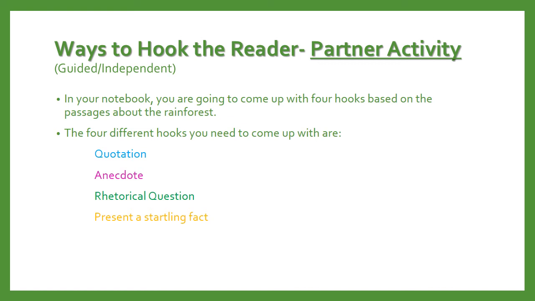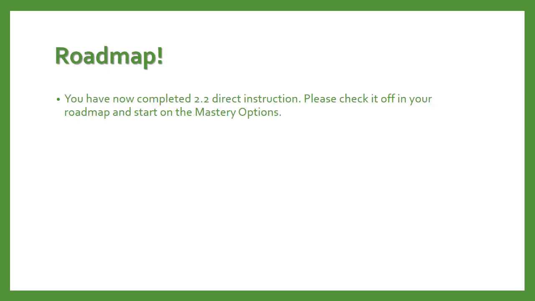Now there's 2 things you're going to want to do. You're going to want to go back and look at your circle map and your reading so that you can see what you have to write about, and also go back and look at the examples that I just showed you so that you know how to write it.